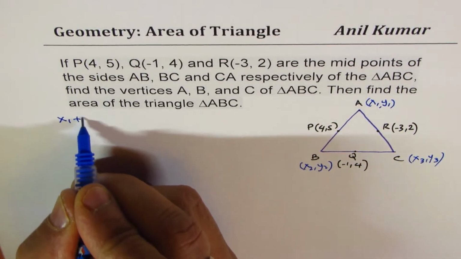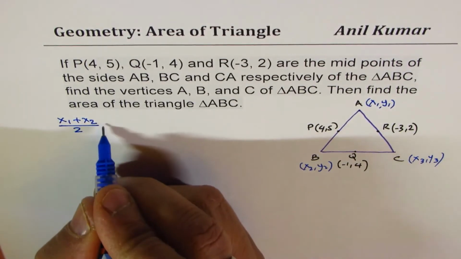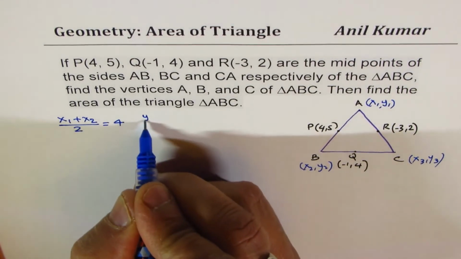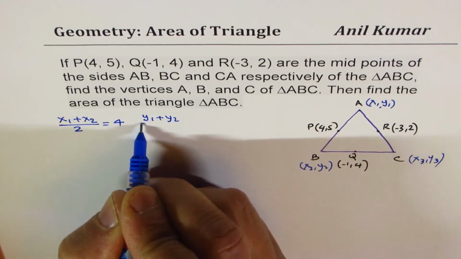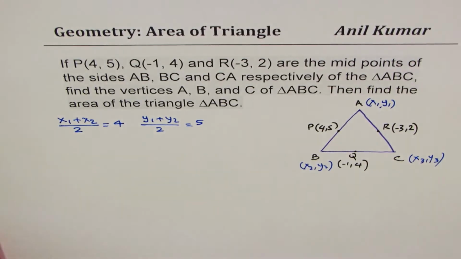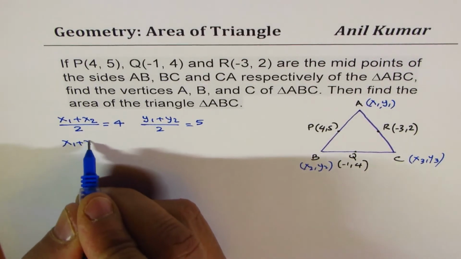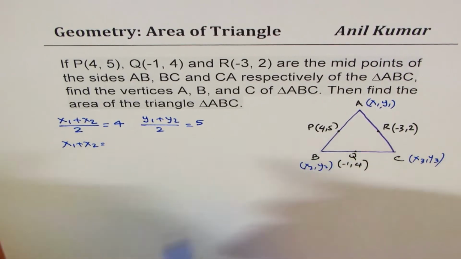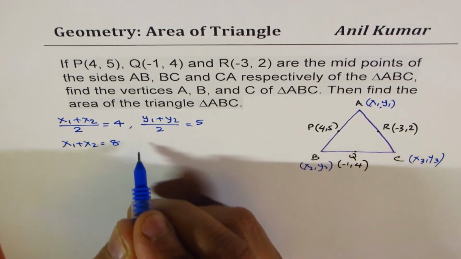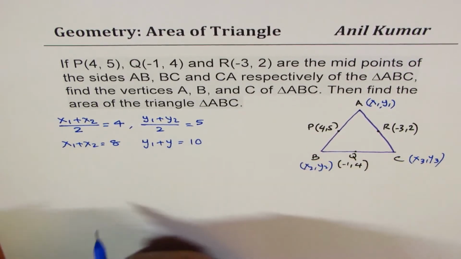So you get (x1 plus x2) divided by 2 should be equal to 4, right? Similarly, (y1 plus y2) divided by 2 should be equal to 5. So you get one set of equations, cross multiply. So you get x1 plus x2 equals twice 4, which is 8, and y1 plus y2 is twice 5, which is 10.